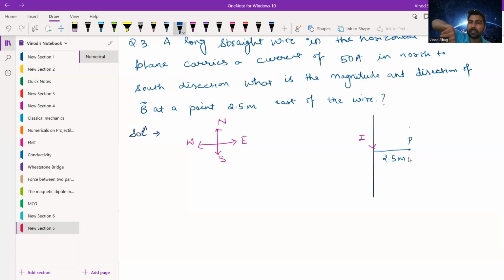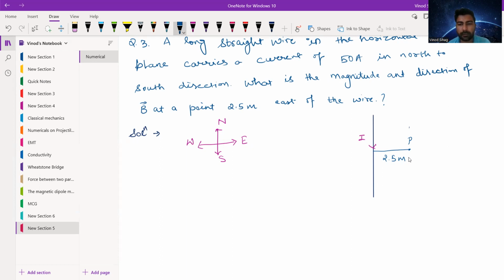So our curved fingers are in the direction out of the page. Out of the page, or sometimes it is called vertically up, like towards me. If we draw this diagram on the page, the direction of the magnetic field will be out of the page.